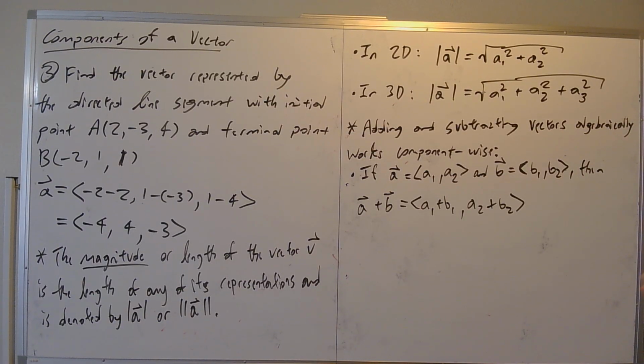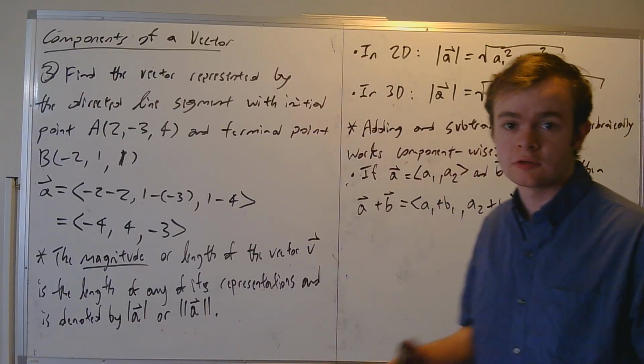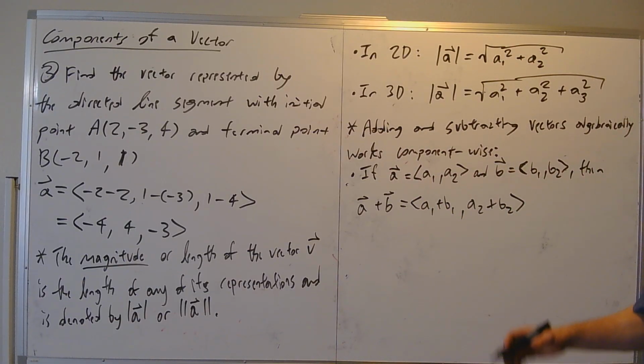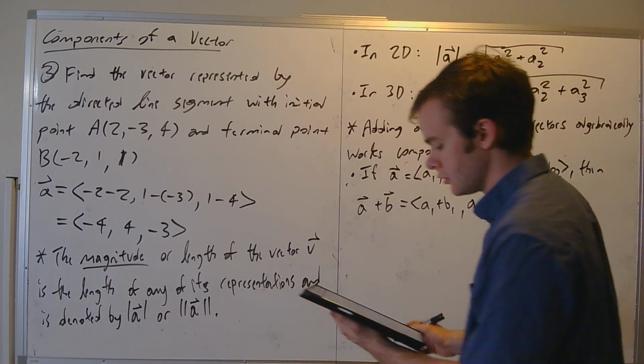Okay. And the next thing we need to talk about is what happens with scalar multiplication. So that's also something we talked about earlier. We talked about how to do that geometrically. We want to figure out how to do that algebraically.